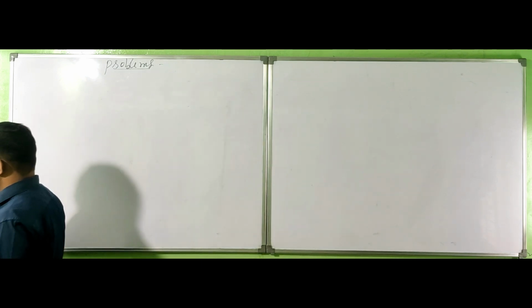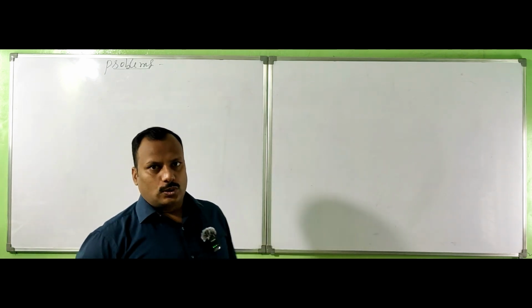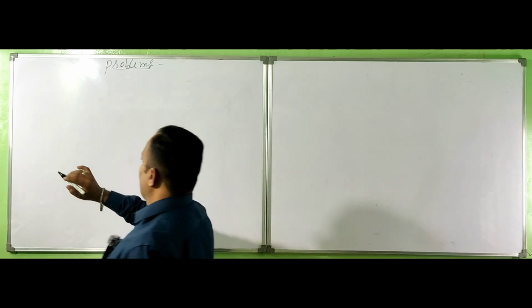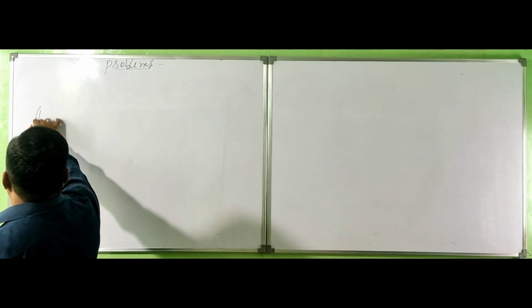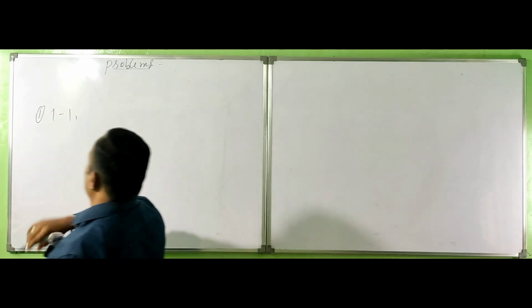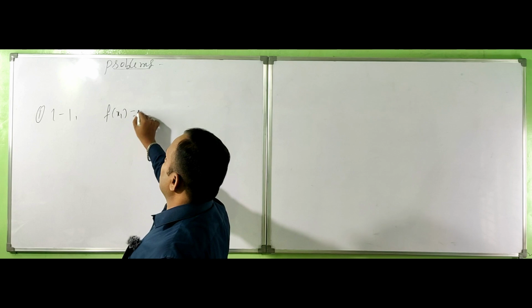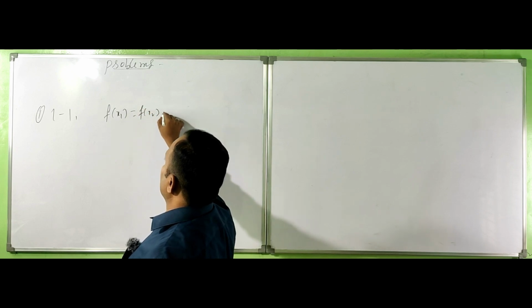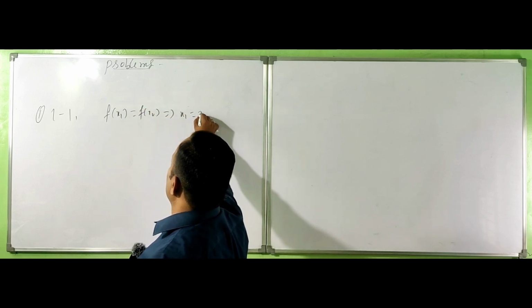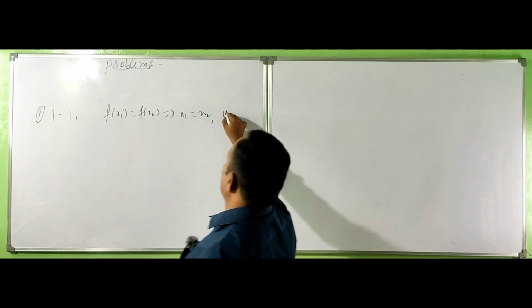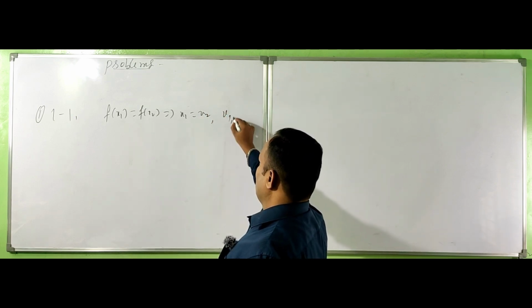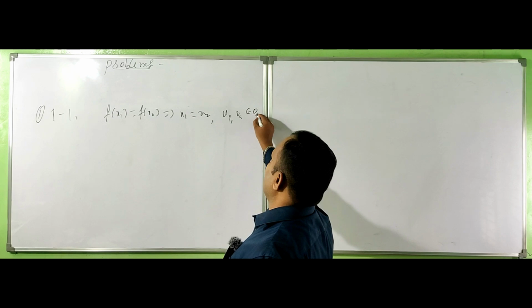Examples. To show that a function is one-one, we need to show f of x1 equals f of x2 implies that x1 equals x2, where x1 and x2 belong to the domain of f.